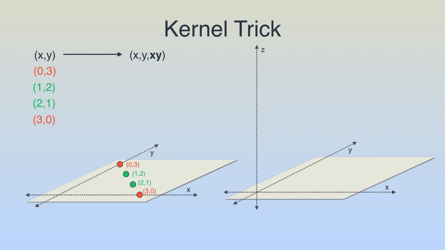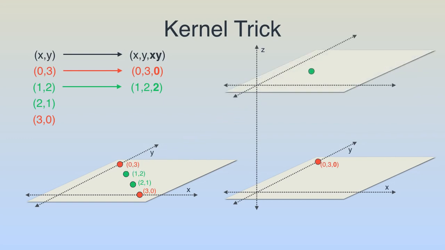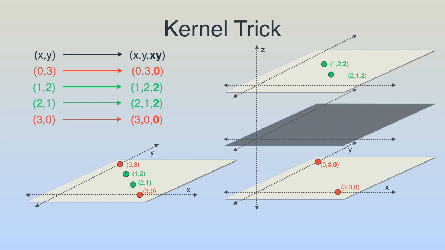So where does 0, 3 go? 0, 3 goes to 0, 3, 0, since the product of 0 and 3 is 0. 1, 2 goes to 1, 2, 2, so it goes all the way up, since the third coordinate is the height. The point 2, 1 also goes to 2, 1, 2. And the point 3, 0 goes to 3, 0, 0. So there we go. We can split them using a plane.